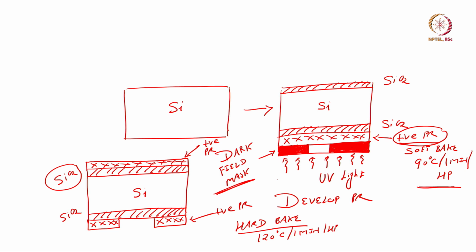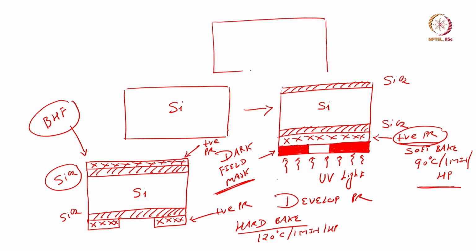Okay. So, once you do that, if I dip this wafer in BHF, buffer hydrofluoric acid, what will happen? I will have my silicon dioxide etched from the area which was not protected by photoresist.